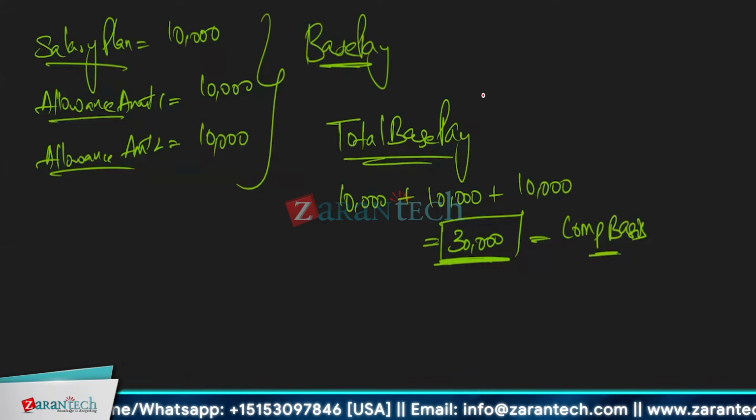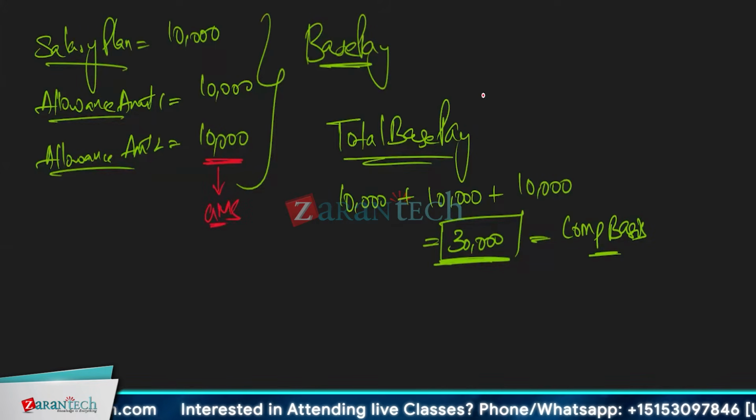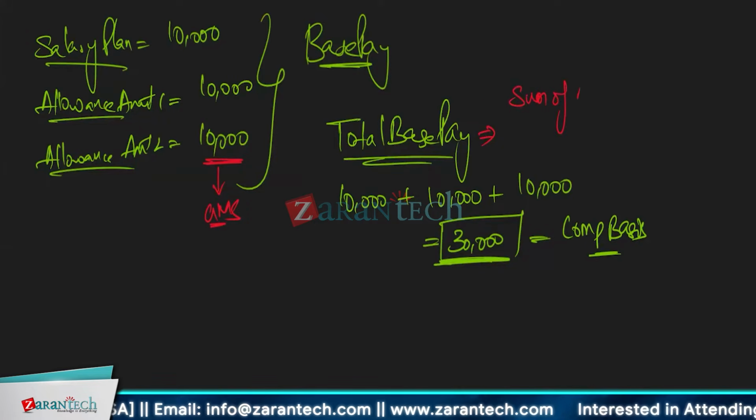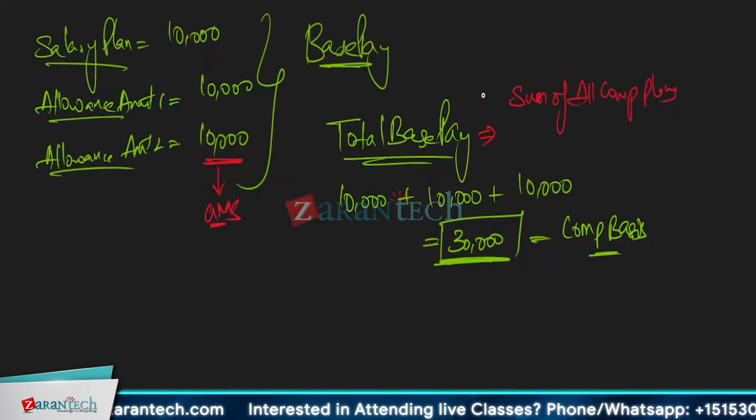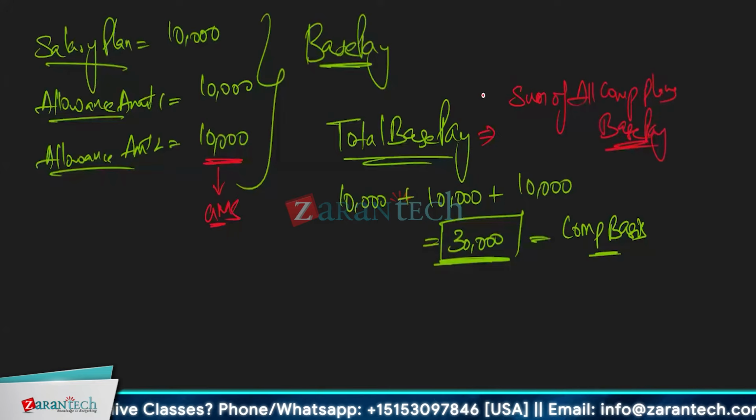Let's suppose for just this one compensation plan, I'm using GMS as the comp element. Now, what will be the total base pay? Total base pay again is the sum of all comp plans that use base pay as a comp element. So now what will happen?